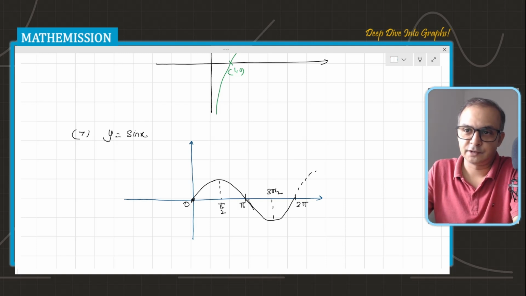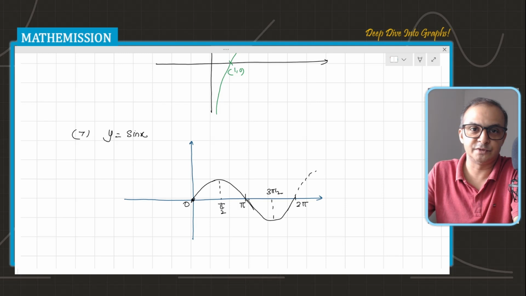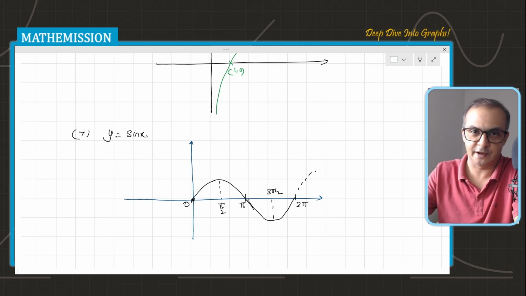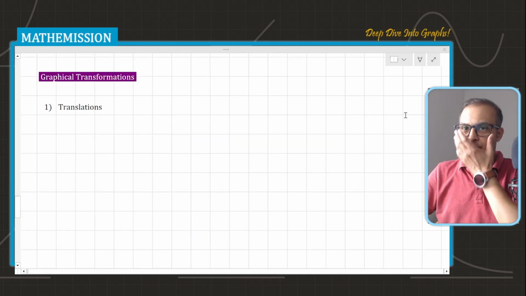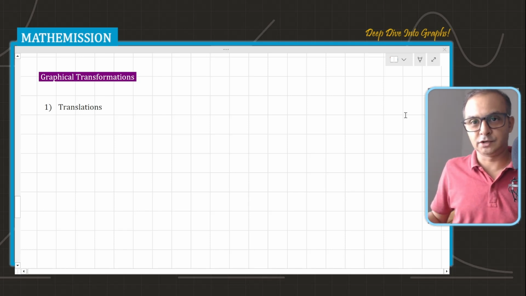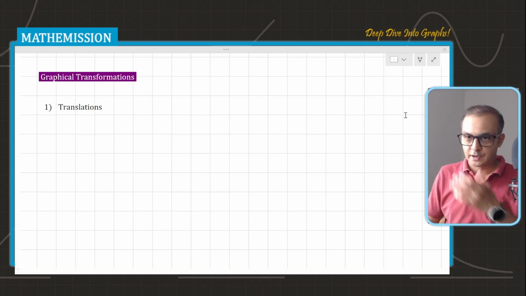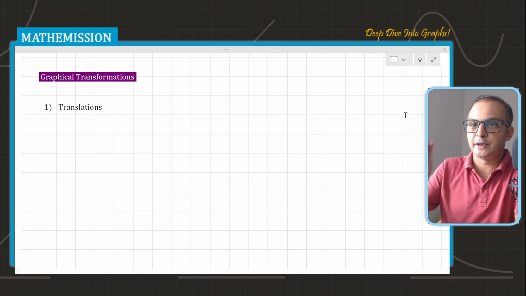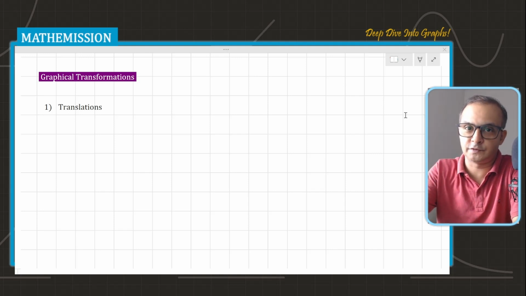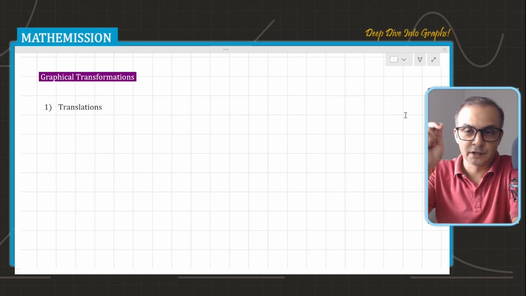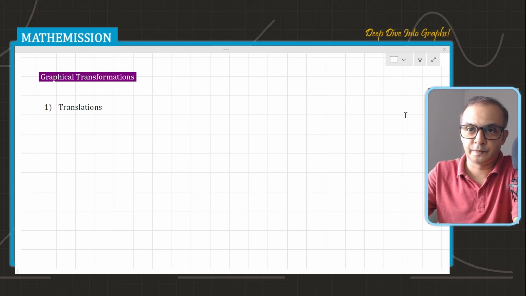Now we will learn what those transformations are and what the effect is, but for that I will take some general function or general random graph. The first graphical transformation we are going to learn is translations, and basically there are 4 kinds of translations: shift rightward, shift leftward, shift upward, and shift downward.